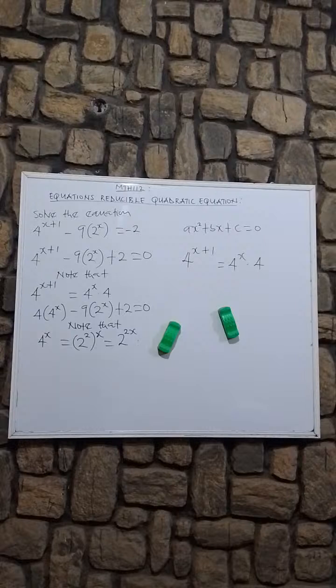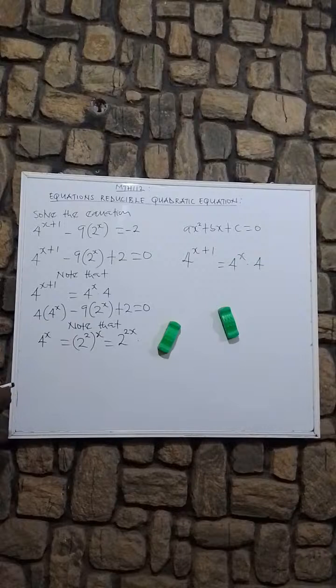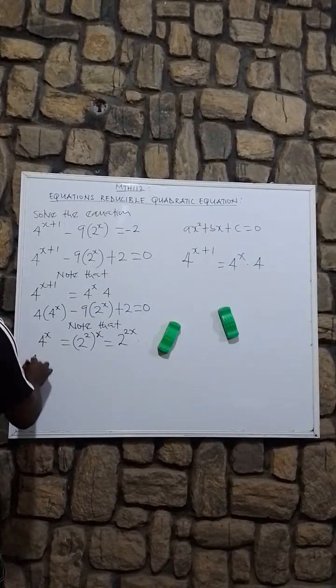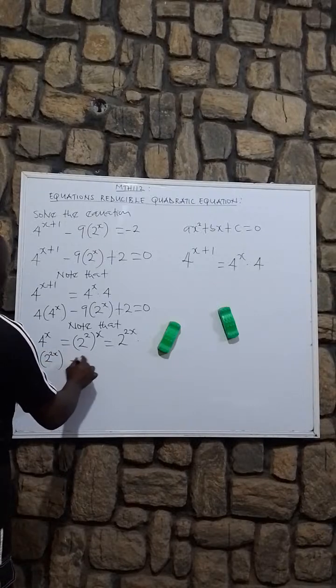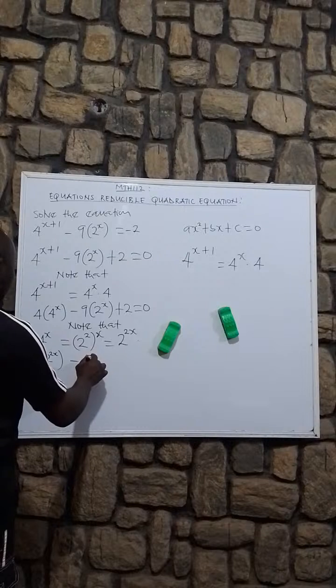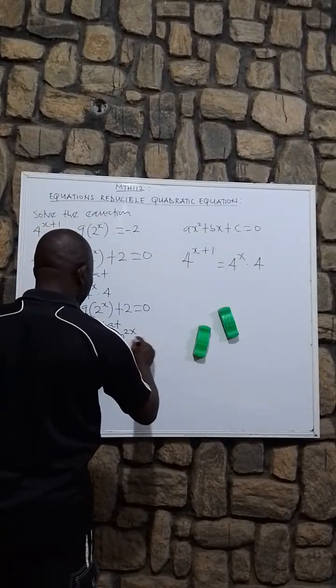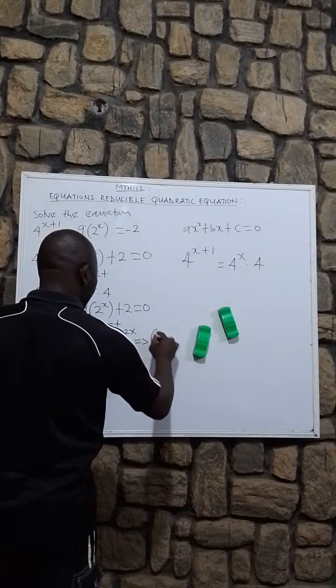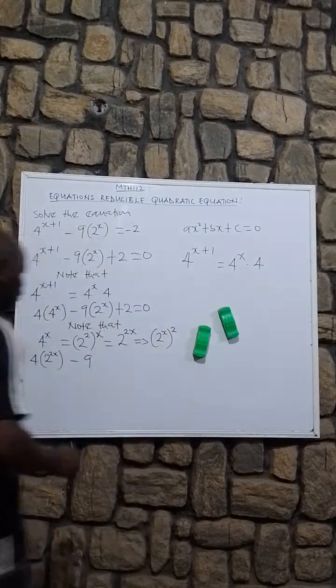Okay, so instead of this, we write this here. So here will now be 4 open bracket 2 raised to the power of 2x, then minus 9, or this is the same thing as 2 raised to the power of x, all in bracket raised to the power 2.